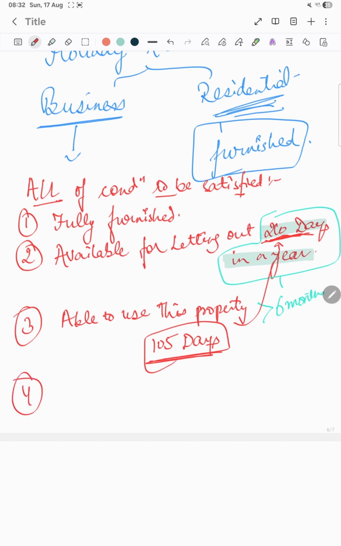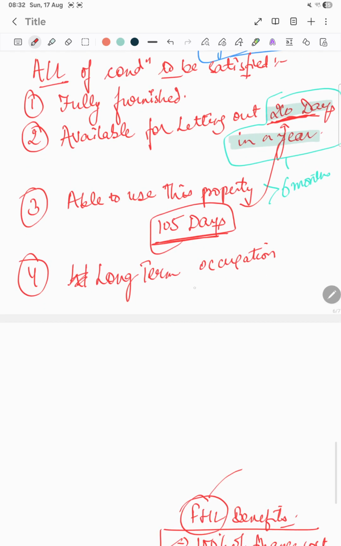And the last condition is long term occupation. This should not be for a long term occupation. What do we mean by long term occupation? 155 days in total, but more than 31 days.